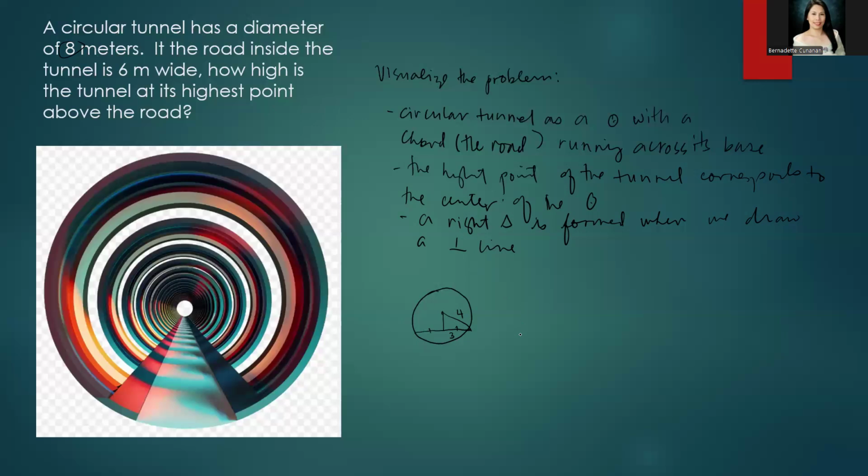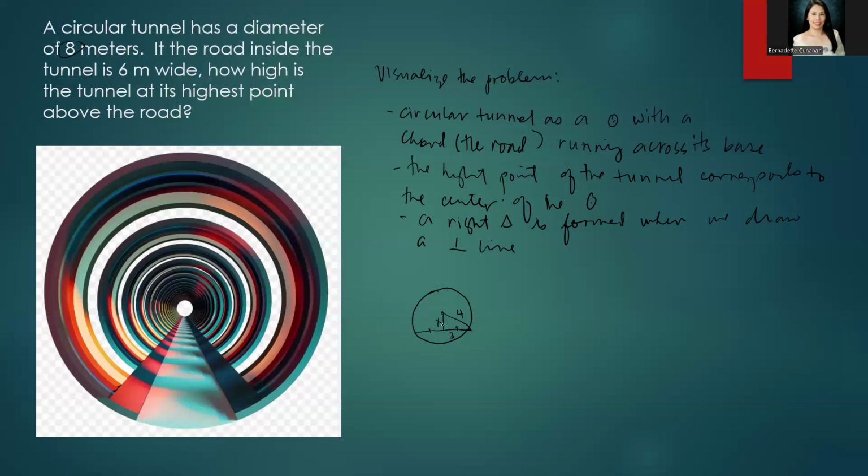Now, one leg of the triangle is half of the road, 3 meters here. And then the other leg is the one we are actually trying to solve. This is the highest point above the road, the height.